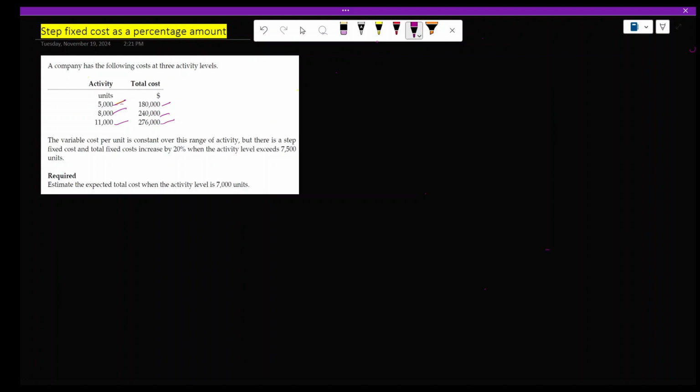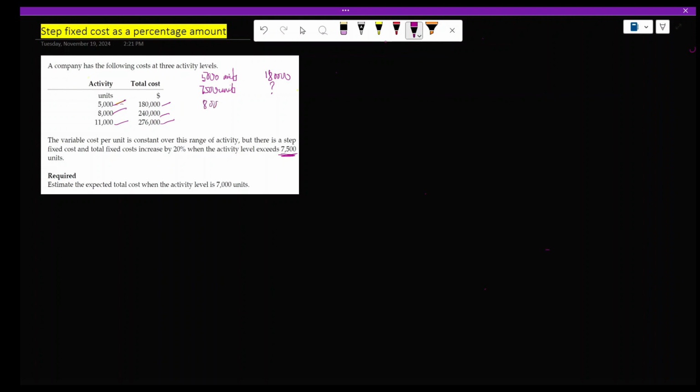Now, what we need to understand here is that we have been given three activity levels, but the step up is at 7,500 units. So 5,000 units has an associated cost of 180,000 US dollars. When we go to 7,500 units, we don't know the total cost.